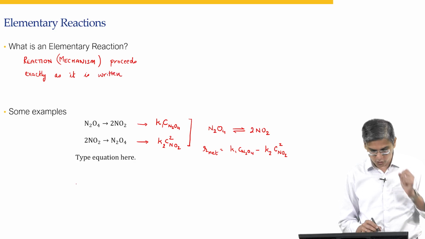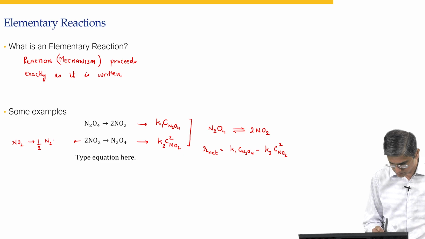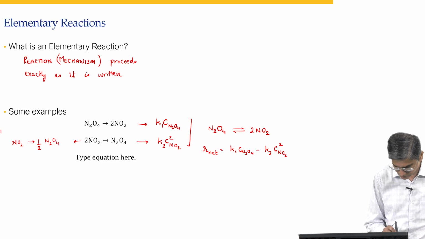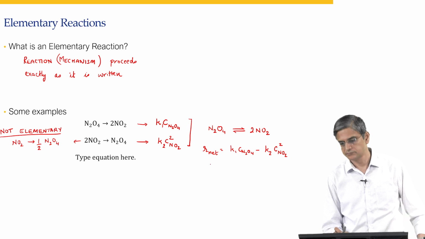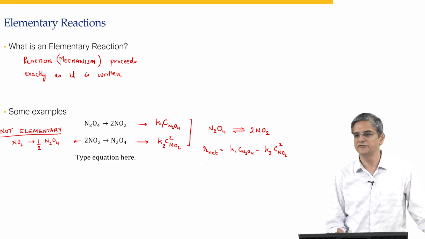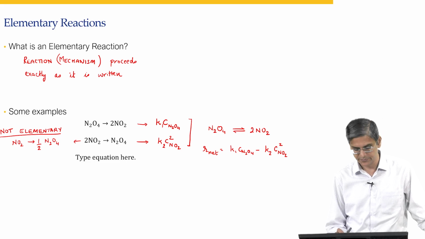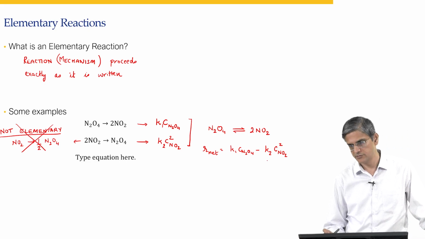Because this is an elementary reaction, you may not write it in a different form. The way you have written it is not in the elementary form, and therefore this is something that you would want to avoid when it comes to elementary reactions.